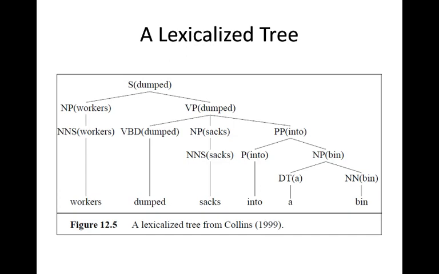And instead of just having S, we have S-dump, because dump here is the head of the sentence, the head of the verb phrase and the head of the sentence by extension. And so on for every other node in the parse tree. Well, what does that buy us? Yeah?